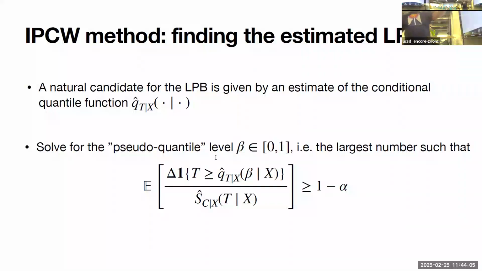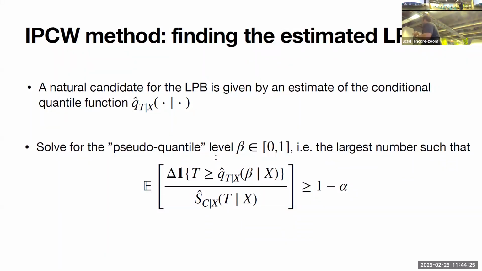Yeah, that T is greater or equal to Q hat Tx. We want to find the beta such that that quantity is always greater or equal to 1 minus alpha. If we can find such a beta, we will be well calibrated using L hat, for L hat, the conditional quantile estimate.